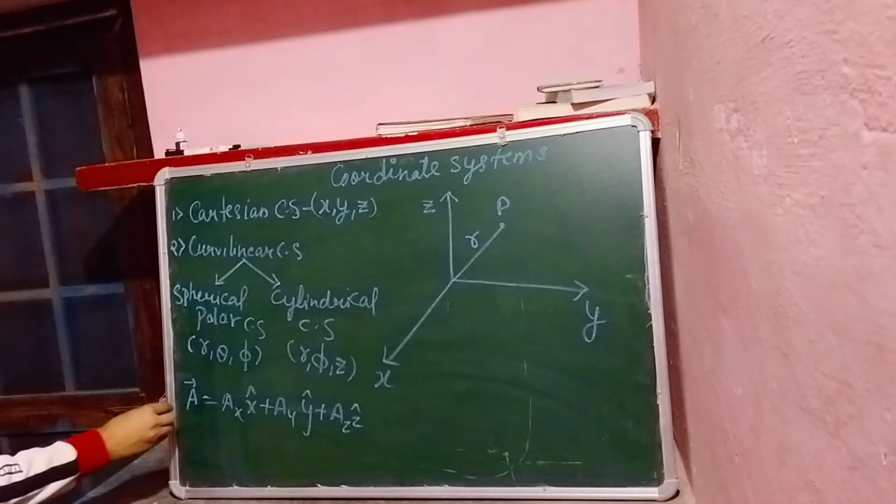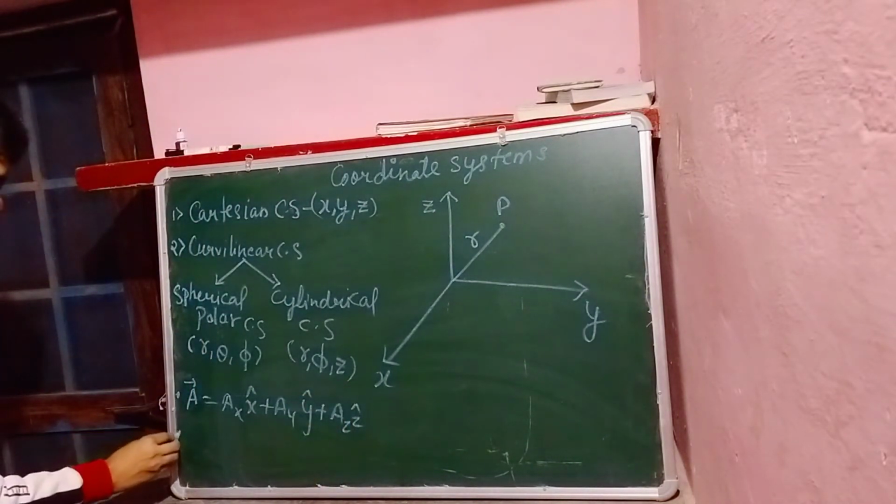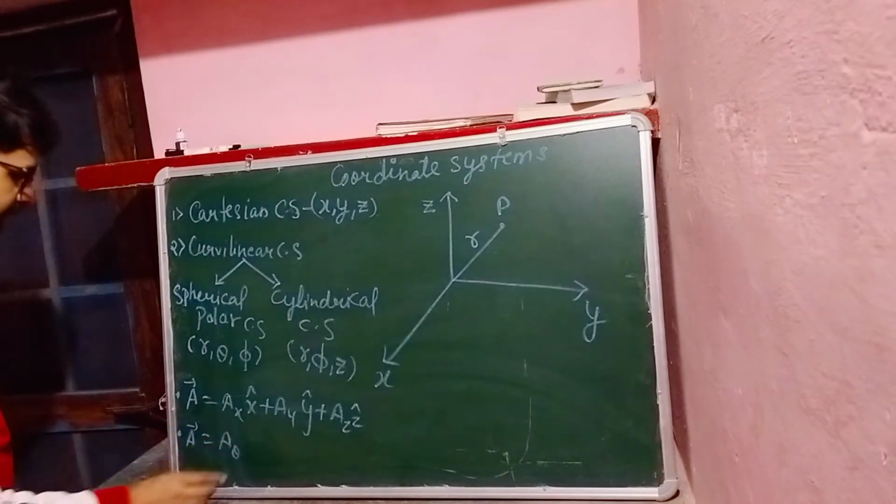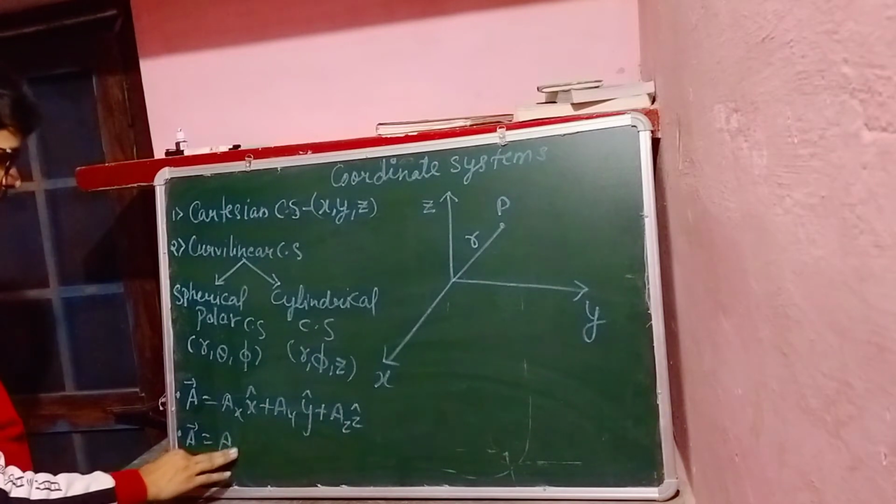Similarly, in the spherical polar coordinate system, we represent the vector as a component of r times r cap, plus a component of theta times theta cap, plus a component of phi times phi cap.